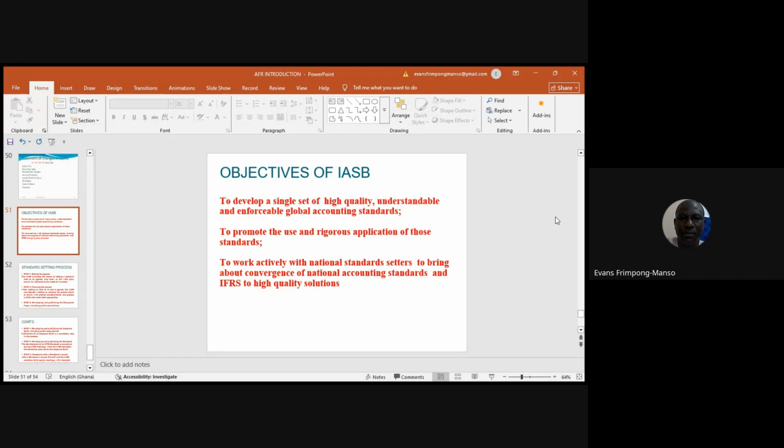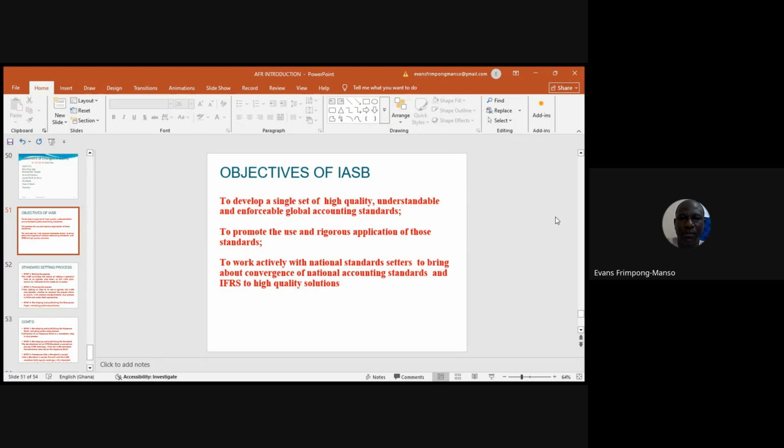Now, the International Accounting Standards Board is responsible for setting out international accounting standards. If you look at the organogram, I mean the charts, on top of the IASB is the International Federation of Accountants.